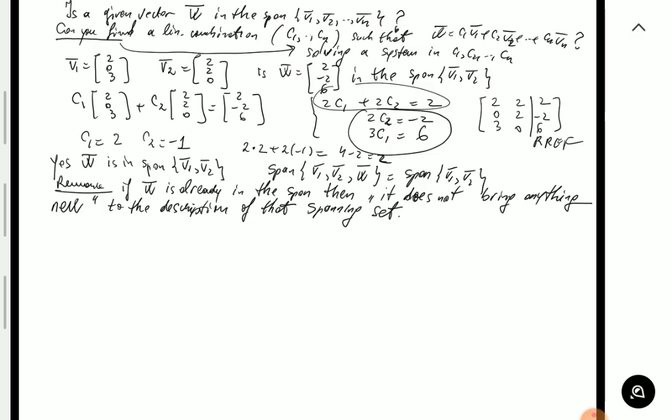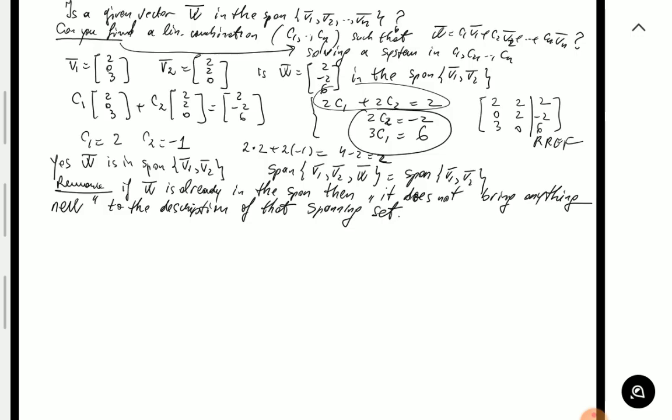And let's say you want to bring another vector in the hope of describing the whole R3. If this extra vector is already a linear combination of the existing vectors, that means it's still in that spanning set, which you knew already is not going to be the whole R3. So it doesn't bring anything new. You want a vector which is not in the spanning set if you want eventually to describe the entire R3.